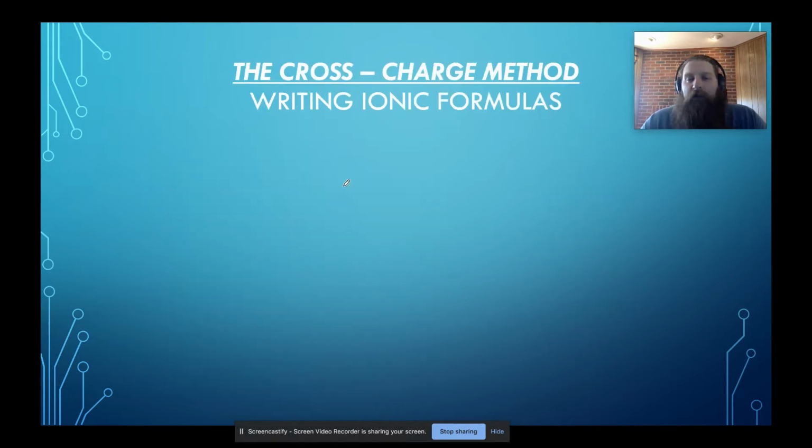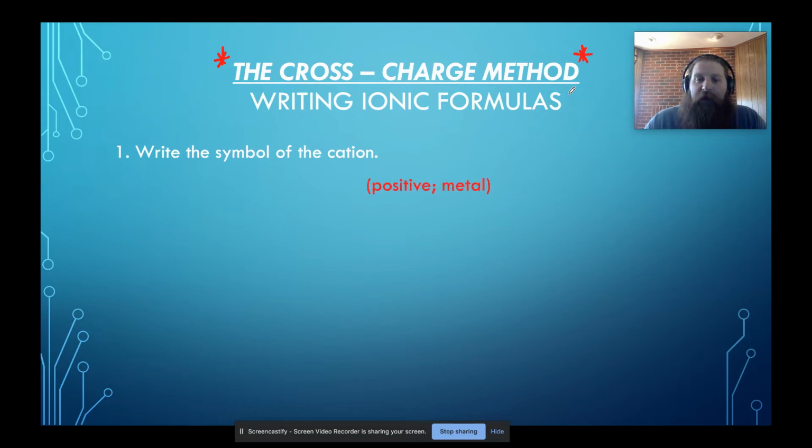And when we write ionic formulas, we use something called the cross-charge method. Now, notice something. It's bold, italicized, and underlined, and I just drew 2 stars around it. Probably important that we know the name of this method and how we do it. So here's how you write it. You write the symbol of the cation first. The cation is a metal.